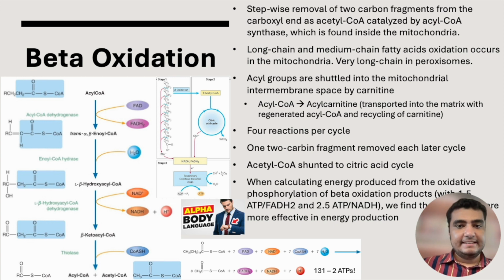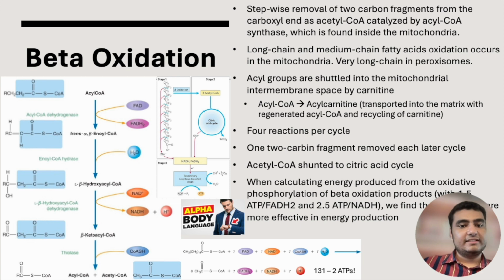So what happens is this generally occurs inside the mitochondria. However, for very long fatty acids, it can occur in specialized organelles known as peroxisomes. Acyl groups are shuttled into the mitochondria by carnitine. We talked about the carnitine shuttle earlier, and now we'll discuss it more.